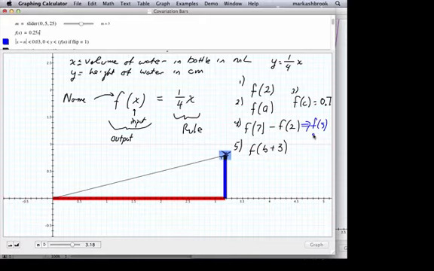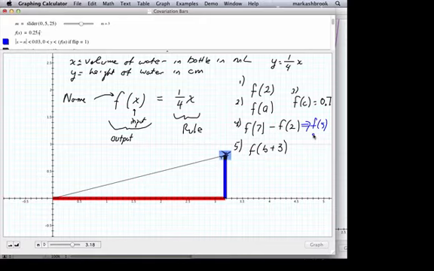Okay, how about this last one? f of b plus 3. Somebody new hasn't spoken up yet. Volunteer. DJ: The height of the water in centimeters when 3 milliliters is added to the original b volume.